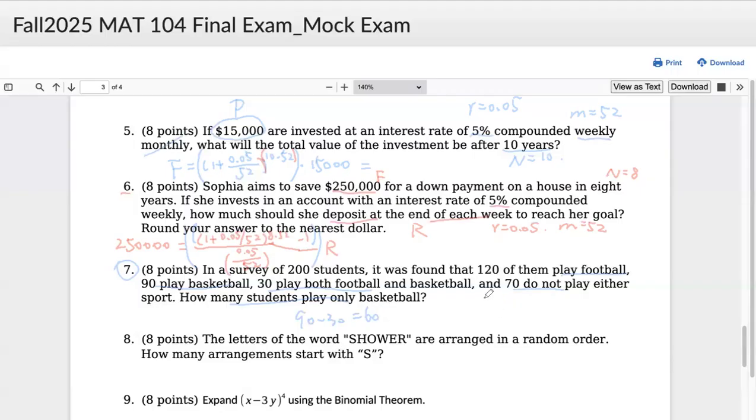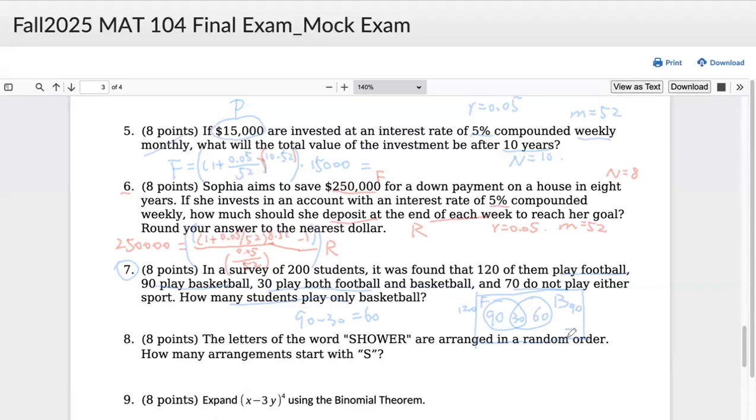Right? If the question goes a little bit further, we need to draw a Venn diagram. People play football, people play basketball, play both 30, play football 120, play basketball 90. 90 minus 30, so only basketball should be 60, only football should be 90.